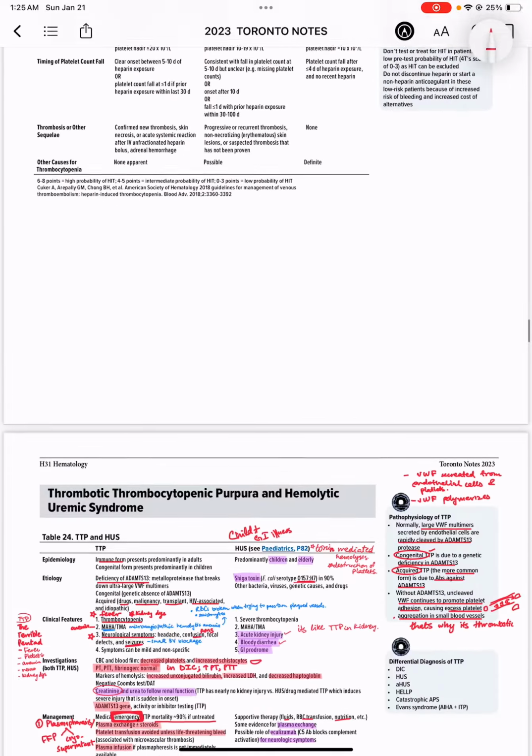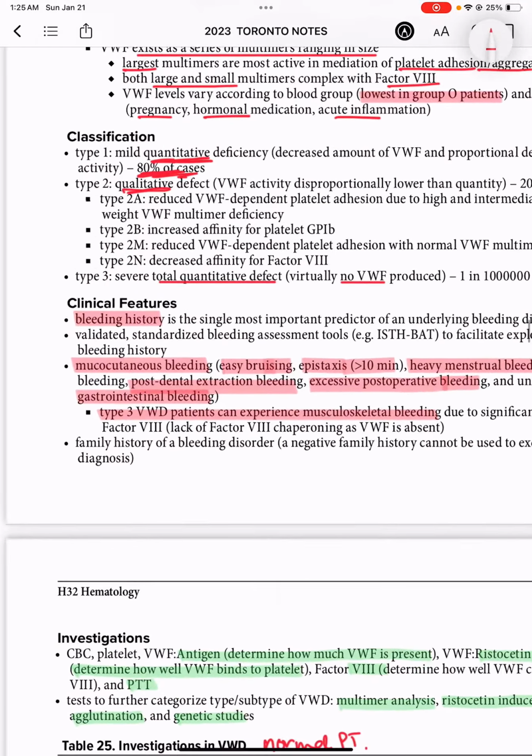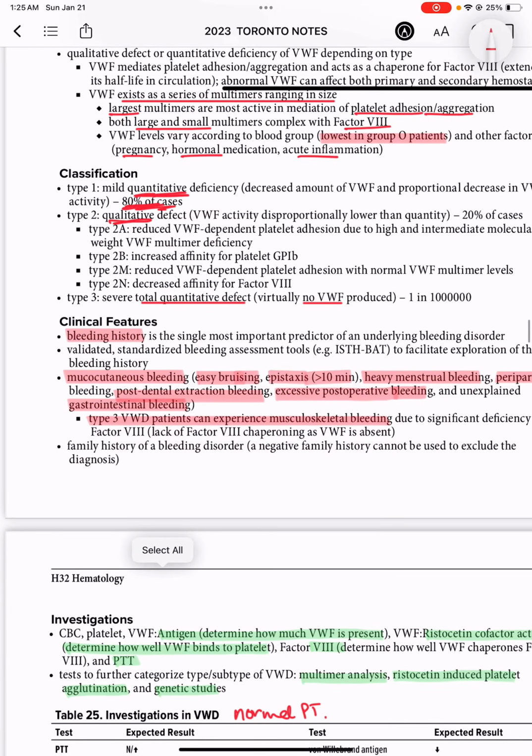So there might be a problem with the affinity to glycoprotein 1b. There might be a problem with platelet adhesion with each other. There is a decreased affinity for factor 8, because they are carrying factor 8 from one place to another. So this is just the qualitative defect, which is in 20% of the cases.